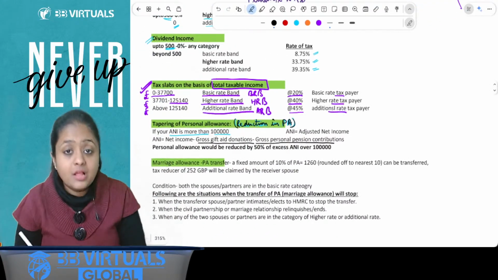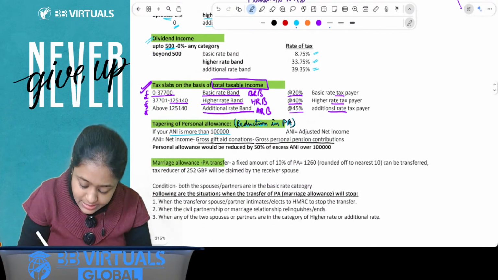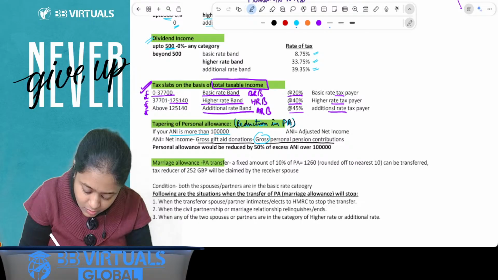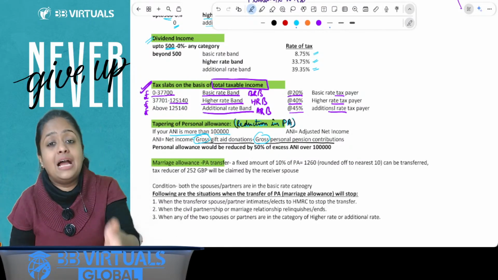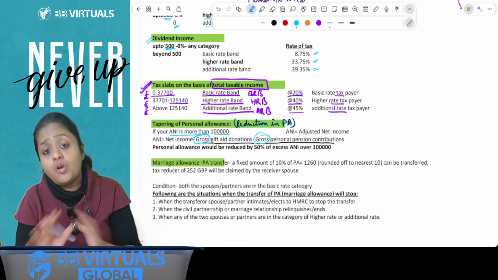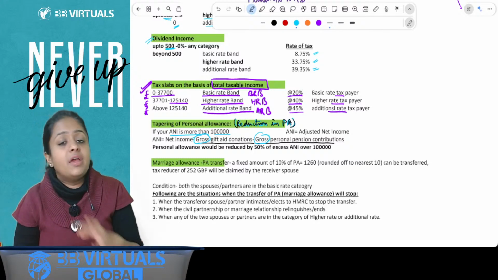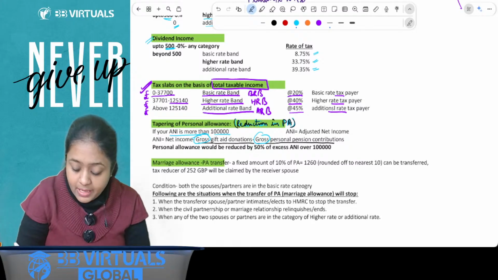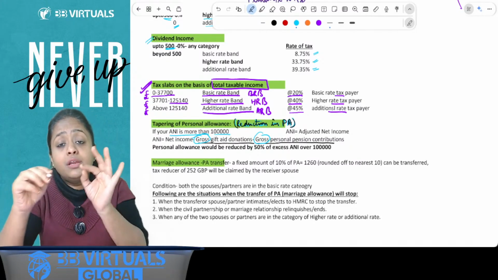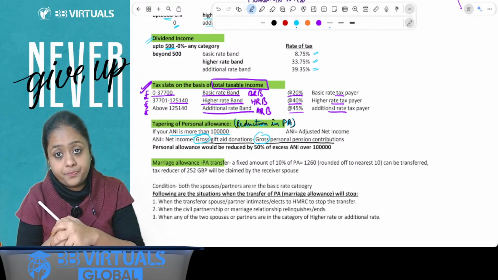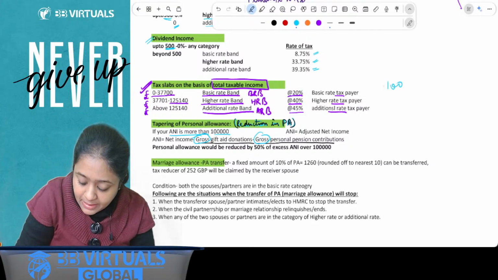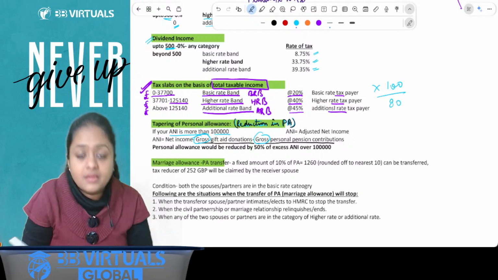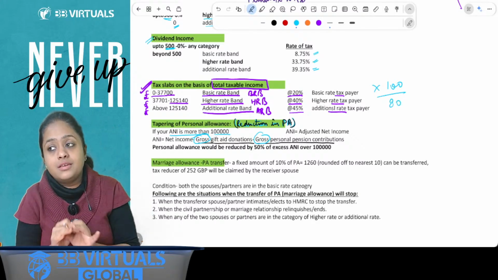Clear? Now I look into this term which says it is gross. So across income tax, attention all tax and ATX students, wherever you use the term gross, that simply means whatever amount has been paid, if it is net, you will simply gross it up by multiplying by 100 by 80. By default, it is a fixed fraction that you will use.